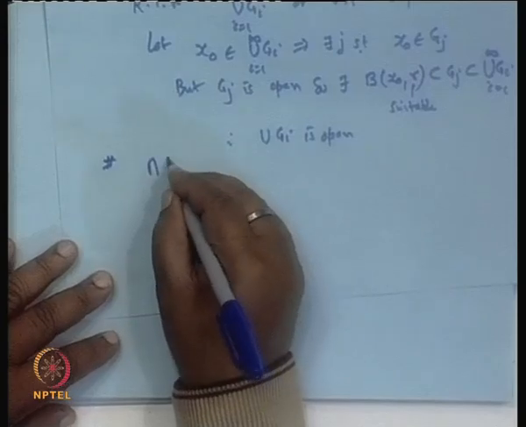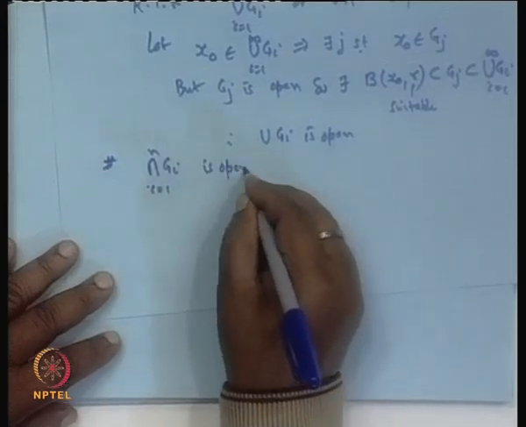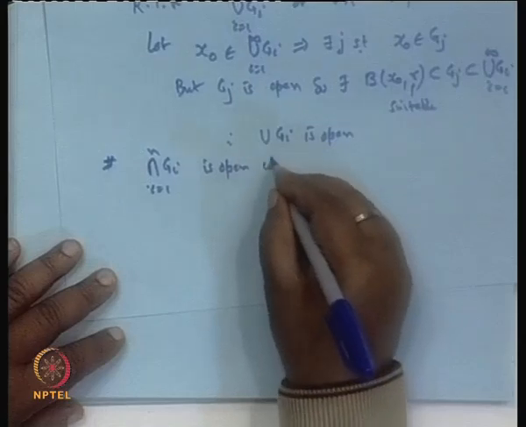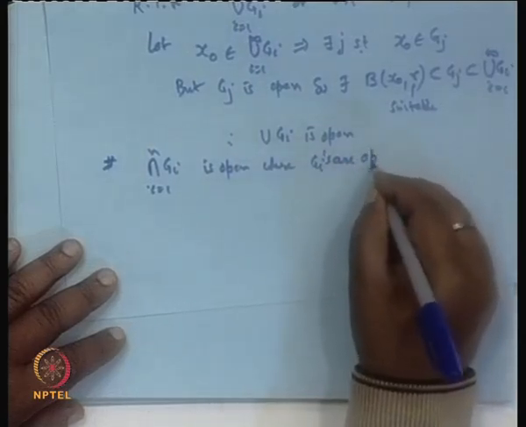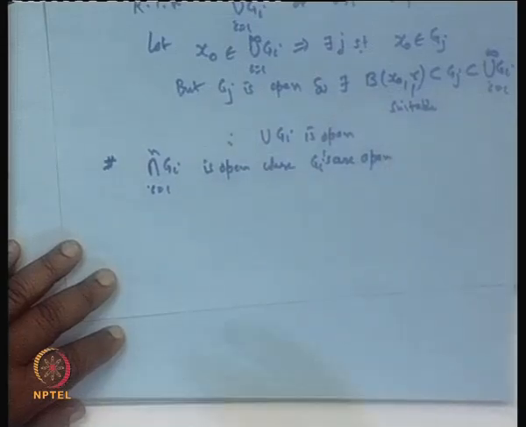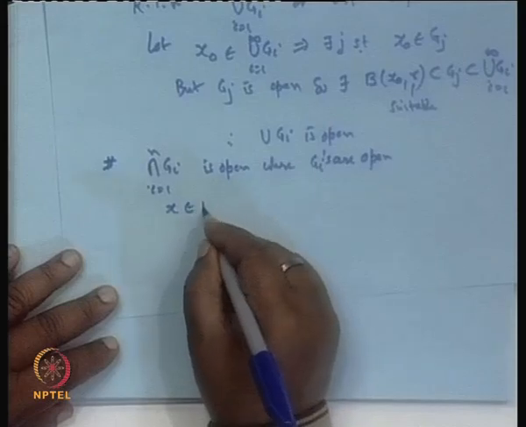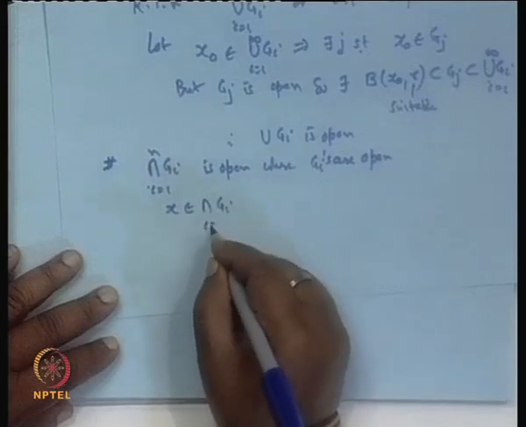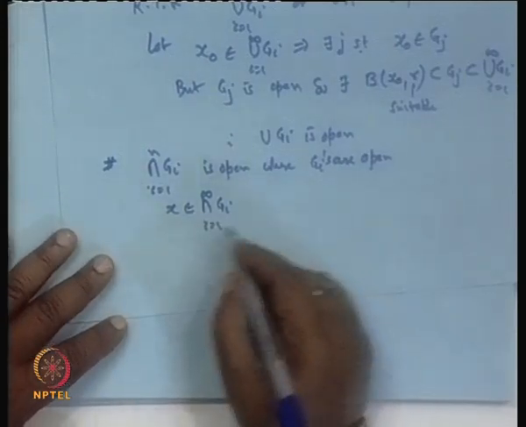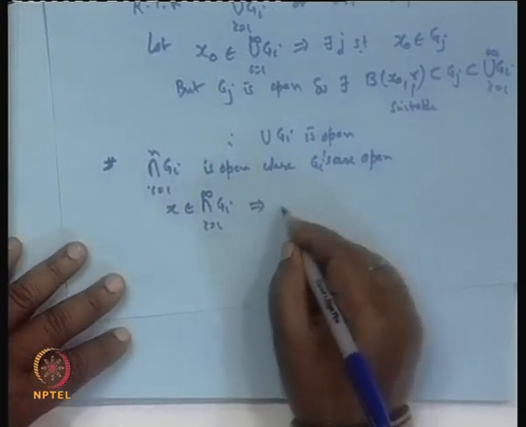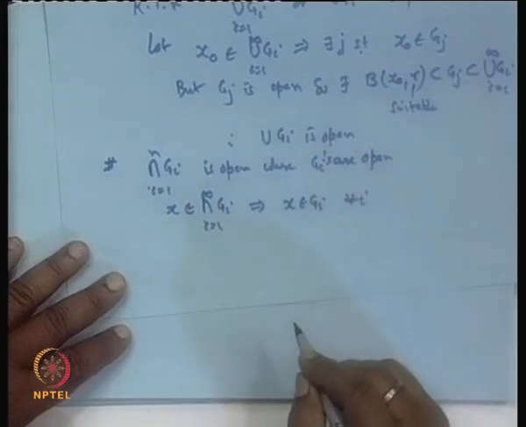The proof of the second: the finite intersection of G i is open, where G i's are open. So, again the same trick, let us take a point x belonging to the finite intersection of this, then x must be a point in G i for every i.